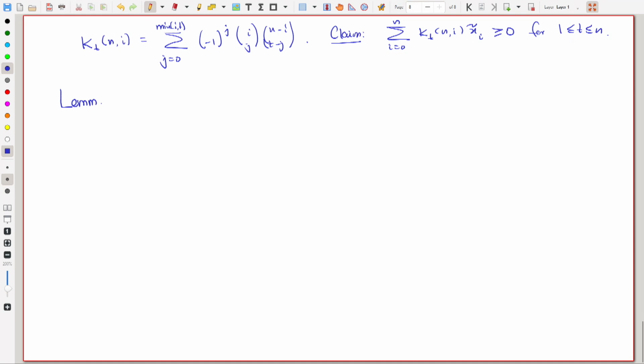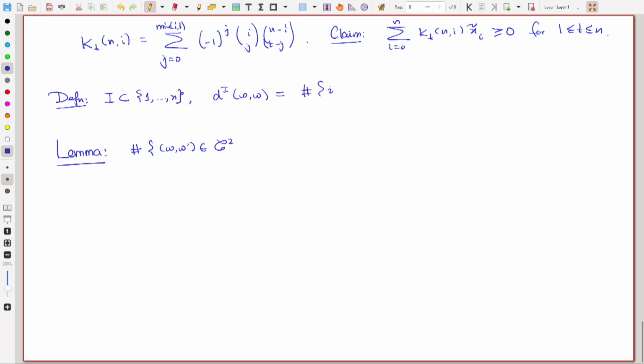So, firstly this lemma, if I look at the number of w comma w prime in C squared. Okay, so I need a definition first. Suppose I have a subset I of 1 to n, then I can define the Hamming distance between two words relative to I: d_I of w comma w prime is equal to the number of i in I such that w_i is not equal to w prime_i.